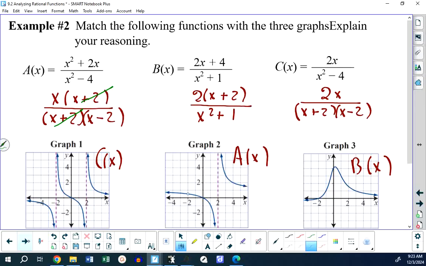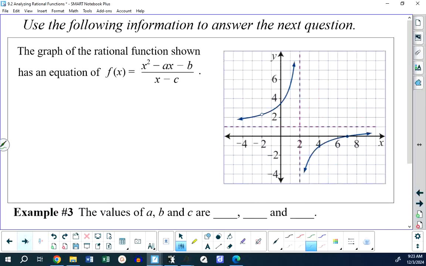And when you look at graph 2, there's a vertical asymptote at +2. So turn the page, please. We have one more example to do dealing with what we've learned.